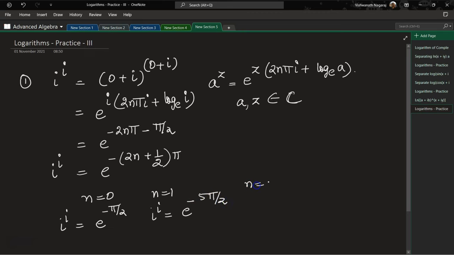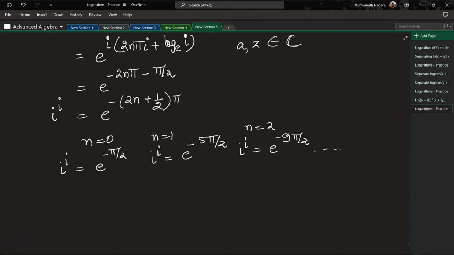And n equals 2 means i to the power of i would be e to the power of minus 9 pi by 2, since 2 twos are 4, 4 twos are 8, plus 1 is 9, and so on it will go.